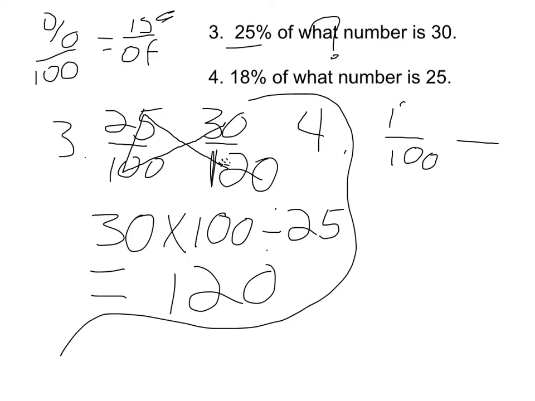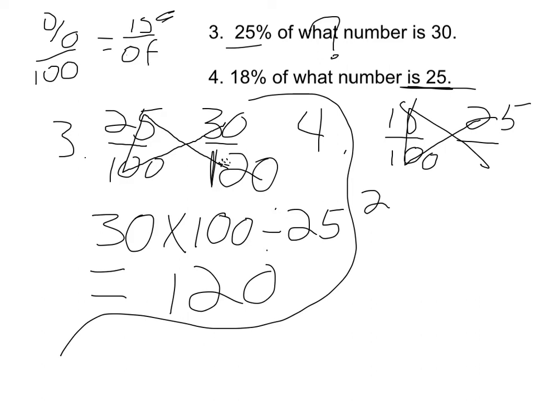I know my percent is 18. Of what number? Well, I don't know what number. It's what number. But I do know the is 25. 25 goes on top. So again, make my fish, times, divide. Make sure my tail ends where I need the answer.